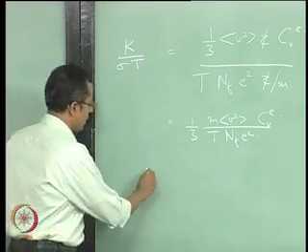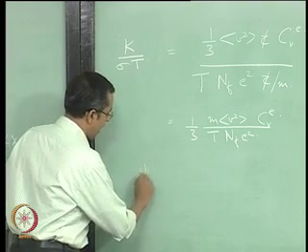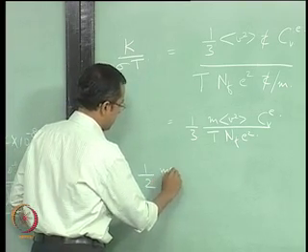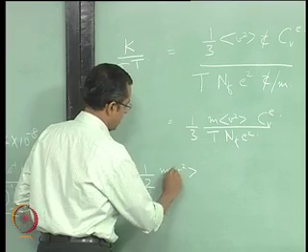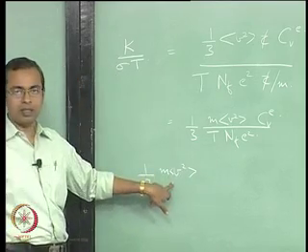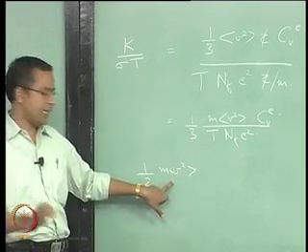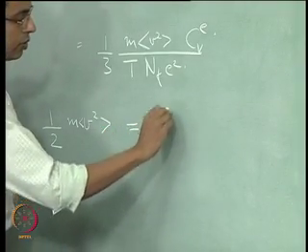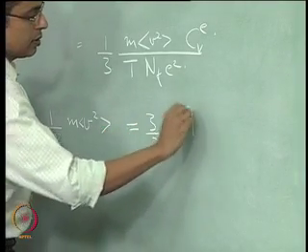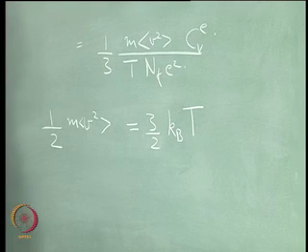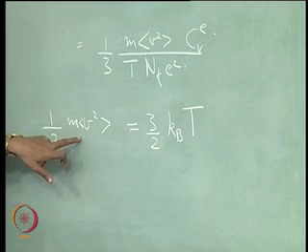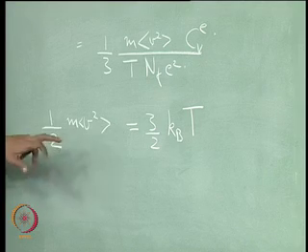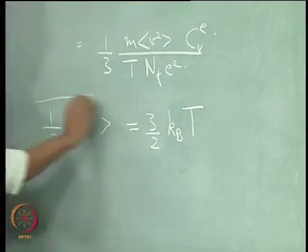We had the average translational kinetic energy associated with an electron, and we got this to be 3 by 2 kBT. This was something that we derived as part of our derivation for the kinetic theory of gases.